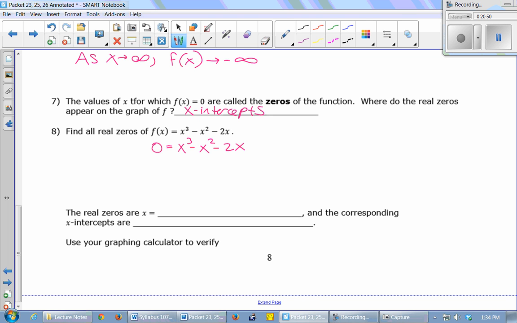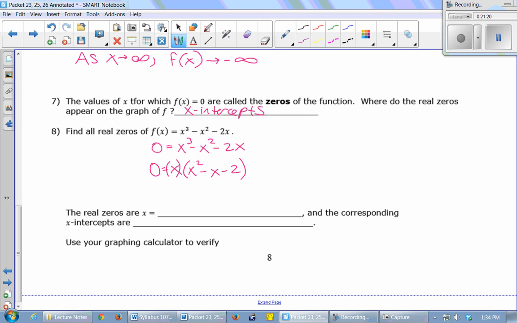Any ideas on how to solve that equation? Well, it's a cubic, so I can't use the quadratic formula yet. Factor out an x. Yep. So if I factor out an x, I would have x squared minus x minus 2.